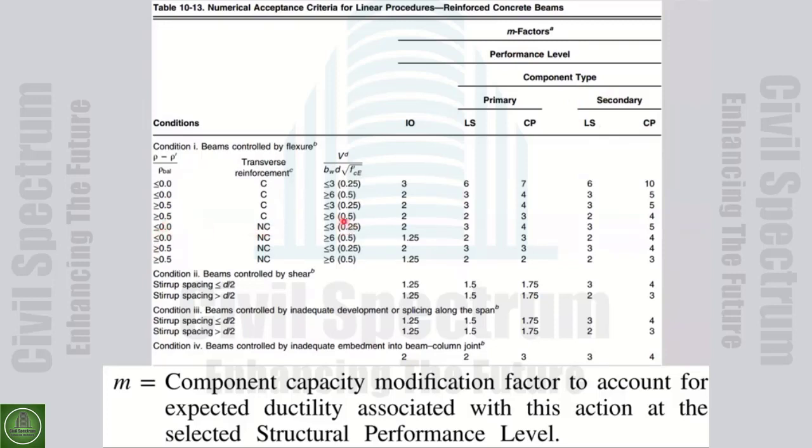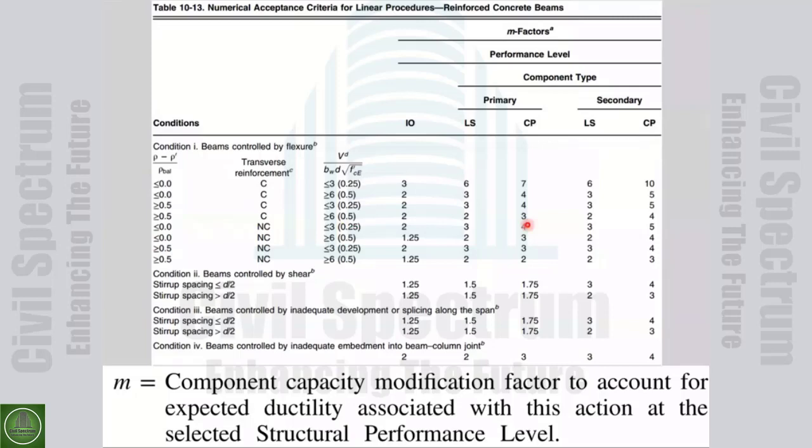Based on, for example, 3 characteristics of each beam, for each level of the performance, life safety, collapse prevention, IO, we have that in elastic analysis, very simple, the things that we are used to.